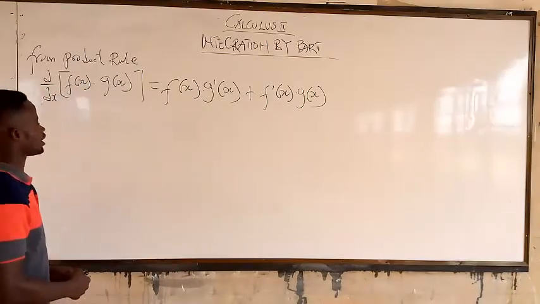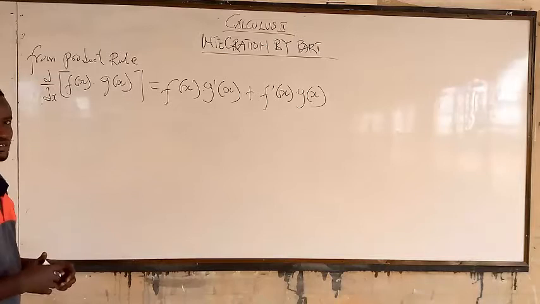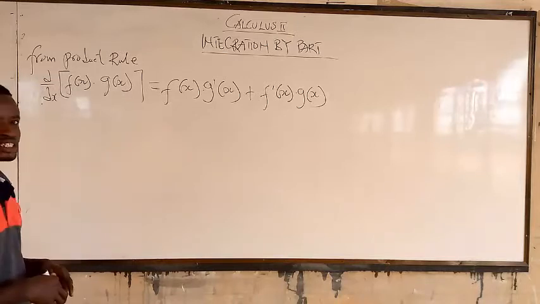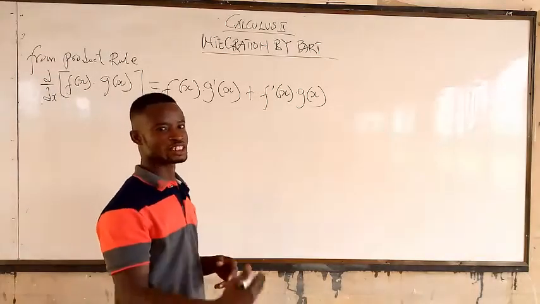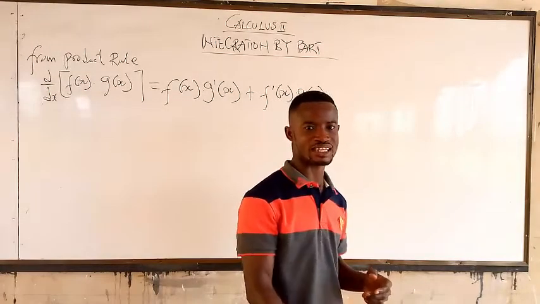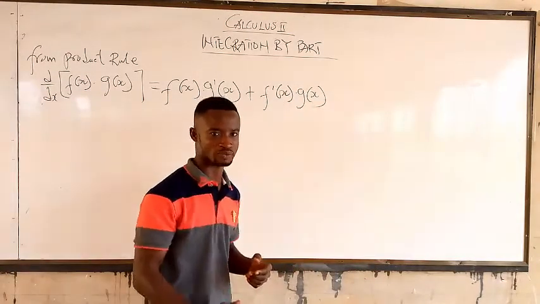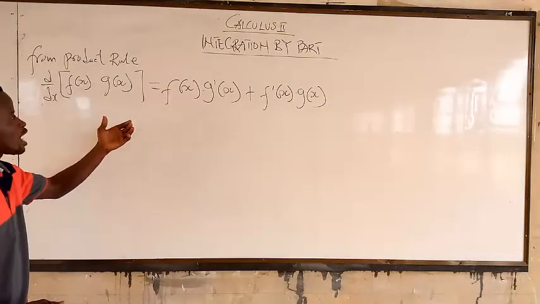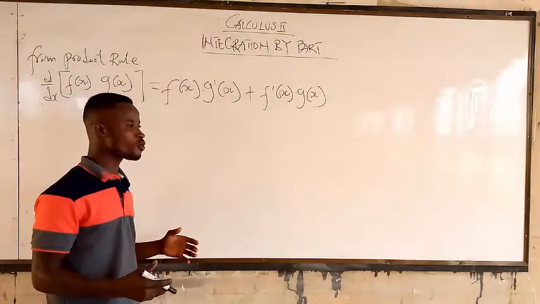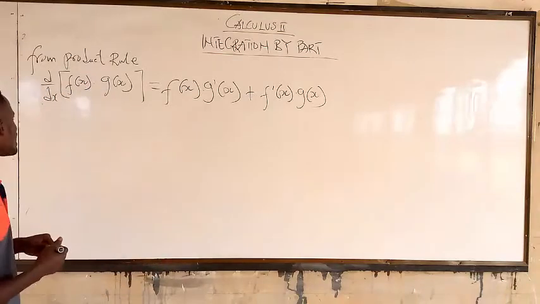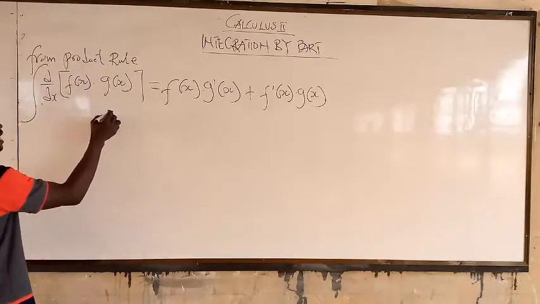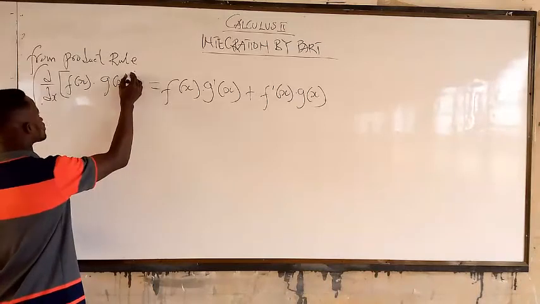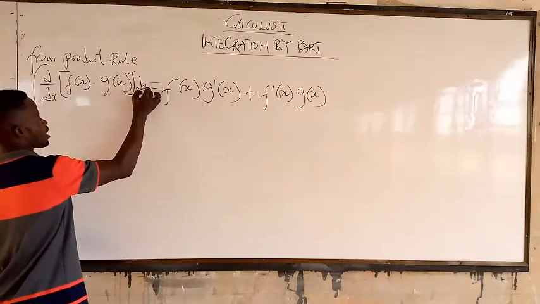In the same way, in integration, we know that integration is the reverse process of differentiation. For that matter, to integrate two functions that are being multiplied, we can integrate both sides here with respect to s.